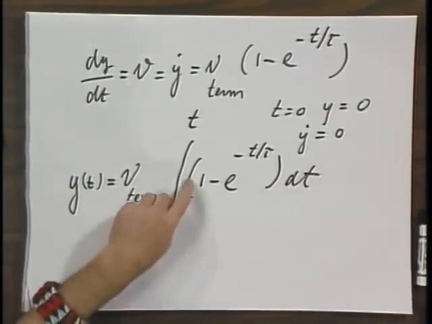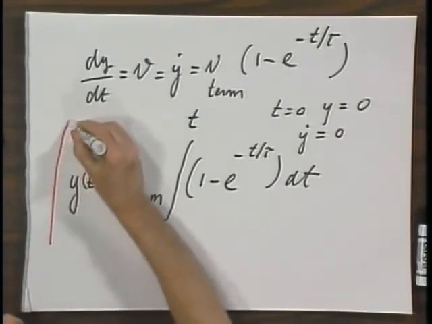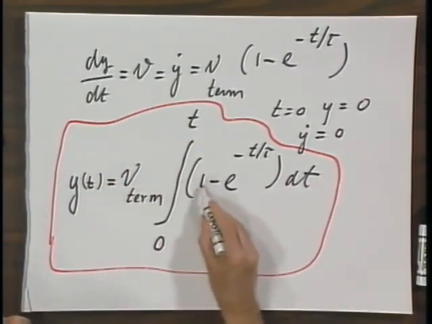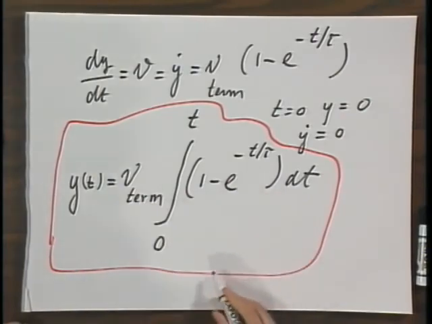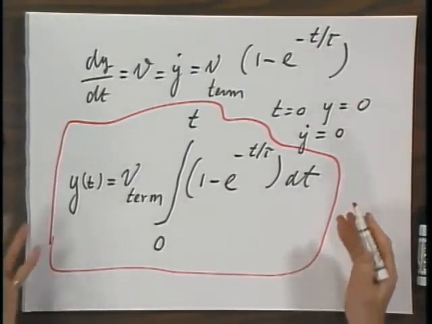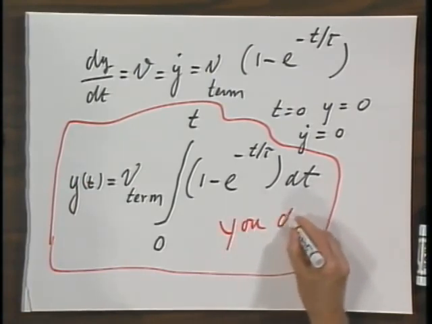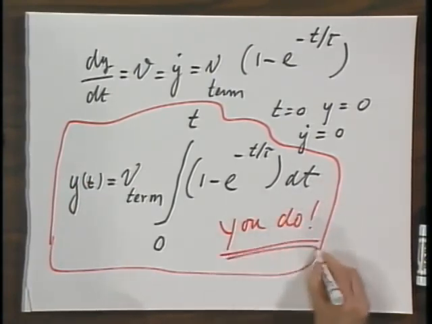And if you can solve this integral, as I said, it's not the hardest one, it has 2 terms, then you have the position y as a function of time. So I suggest that you do that, and if you prefer not to, be my guest.